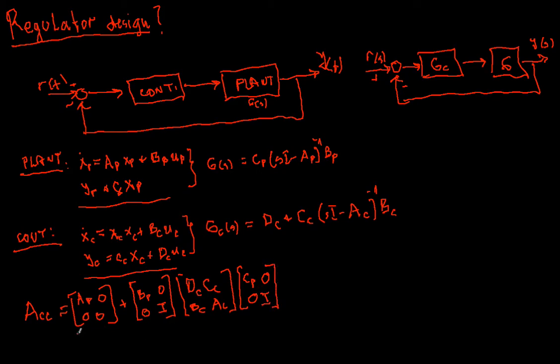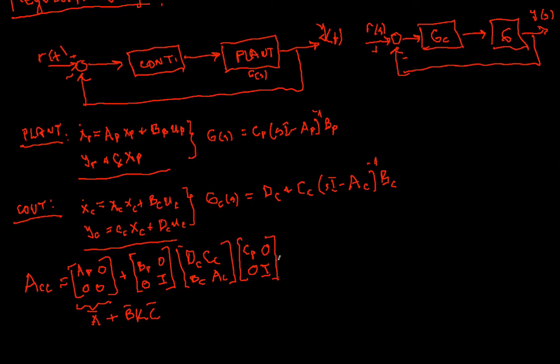As we said previously, this is like some A hat plus some B hat, a gain K matrix, multiplying some C hat, such that we can almost see that there is already some structure of the state feedback.